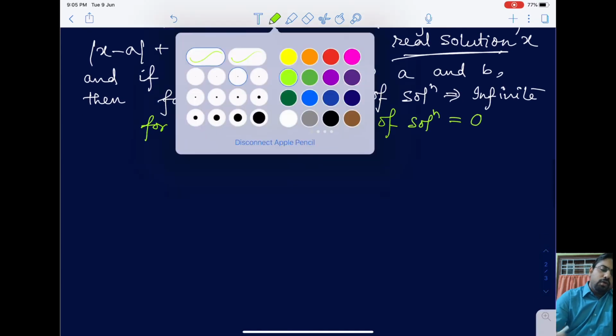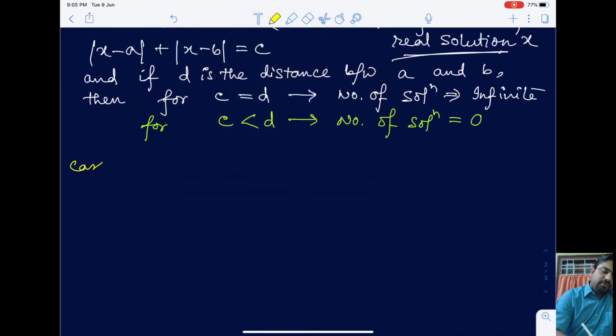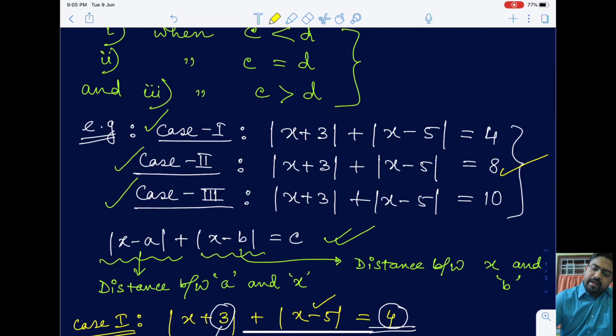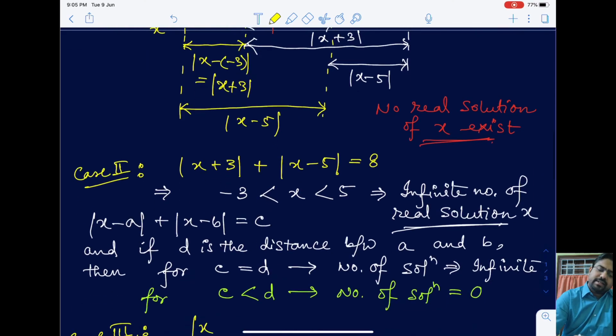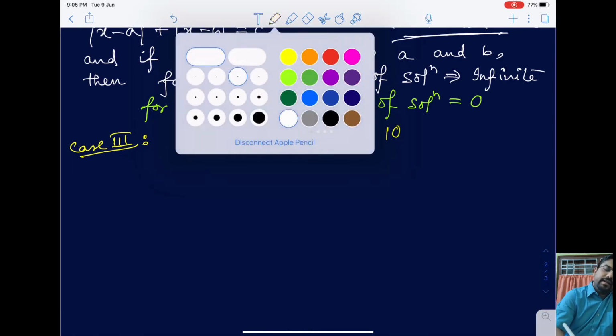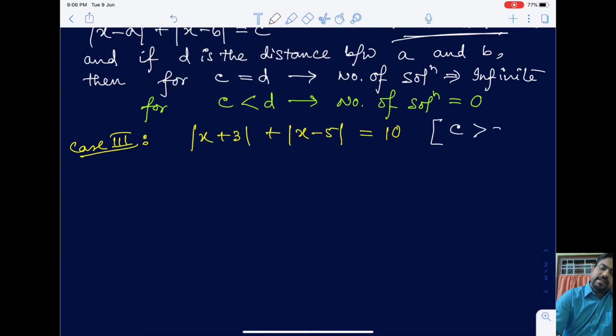Now if we look at the third case, where the sum of the distances is equal to 10, that means c is greater than d here. How many real solutions for x will exist? Let us understand.